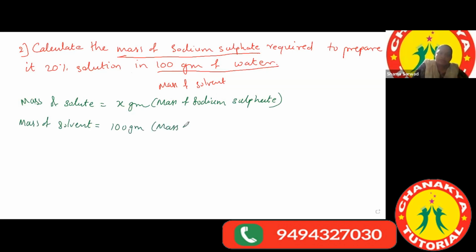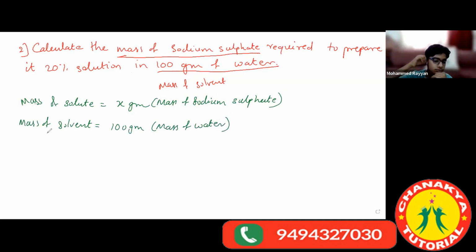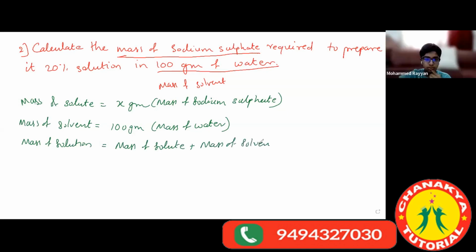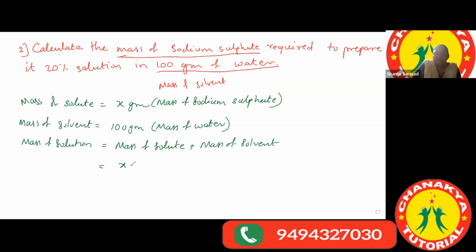Mass of water. The mass of solution is equal to mass of solute plus mass of solvent. Very good. So that is equal to X plus 100. Right? So this is the mass of solution.